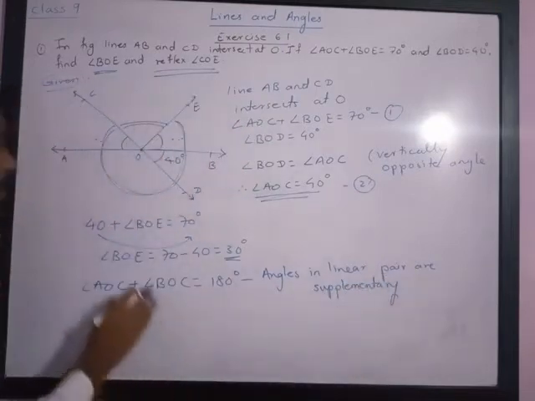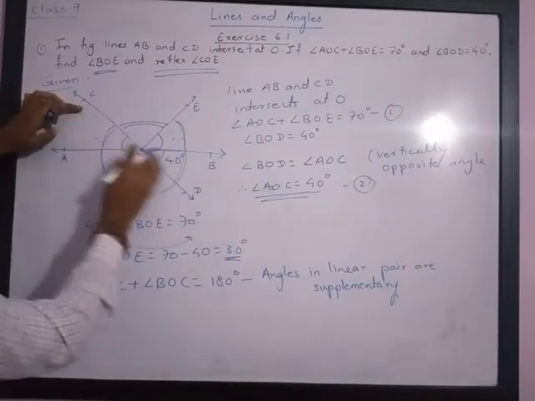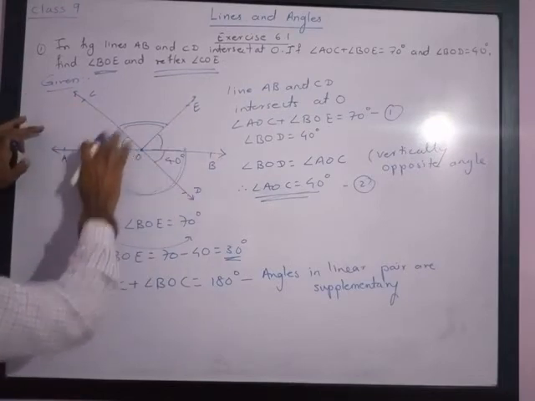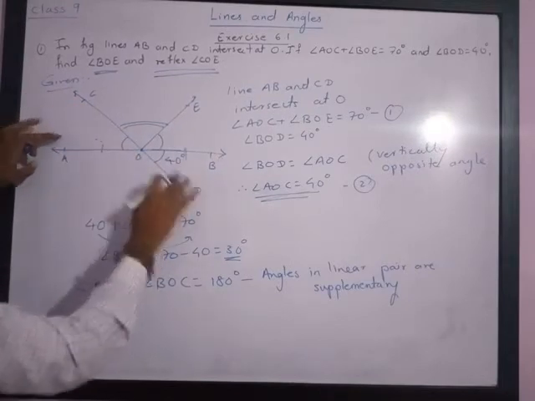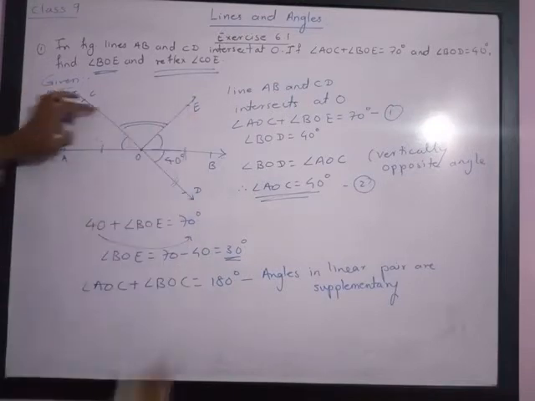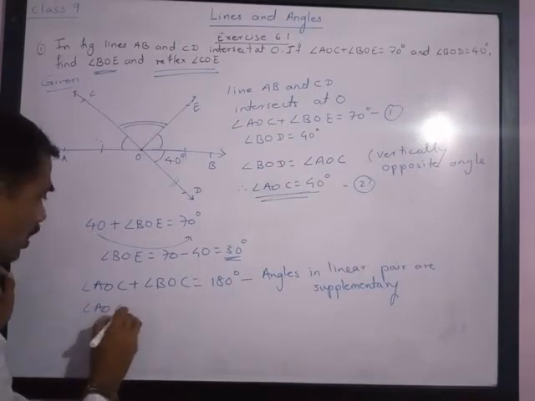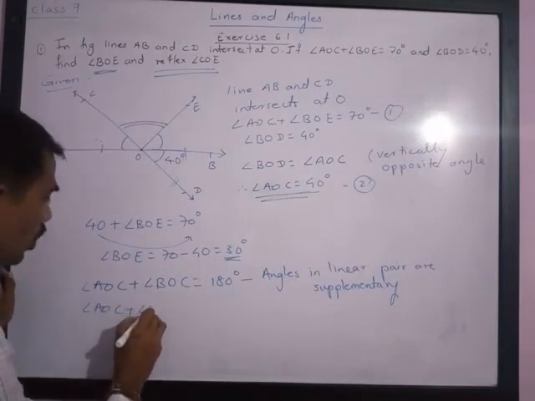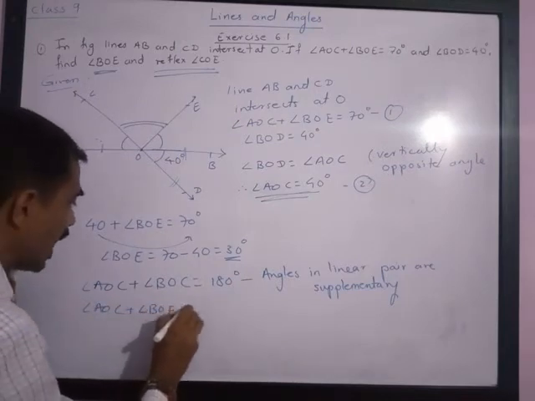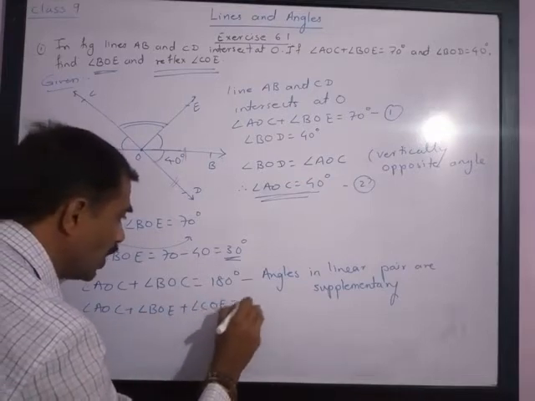Now look at the figure. BOC is nothing but the sum of these two angles, COE plus BOE. Since these two are adjacent angles, they can be added. So this will be angle AOC plus angle BOE plus angle COE is equal to 180 degrees.